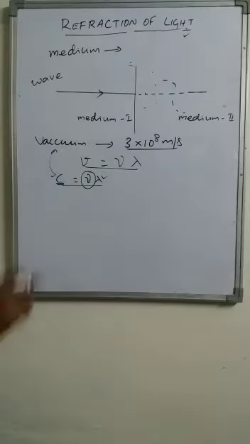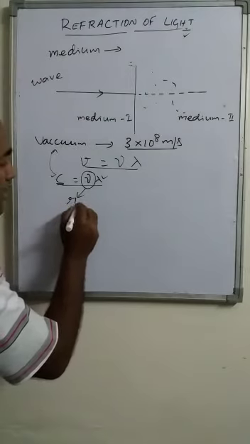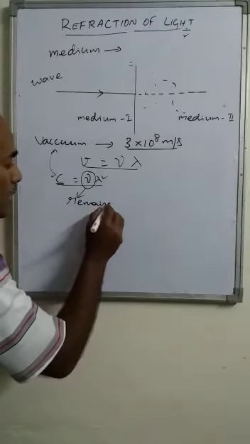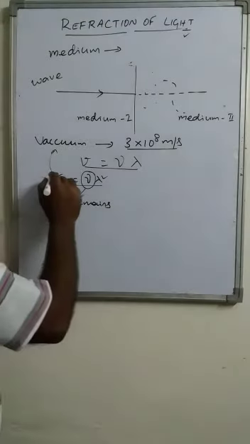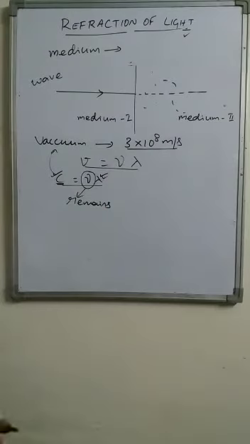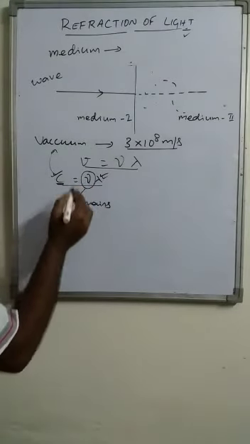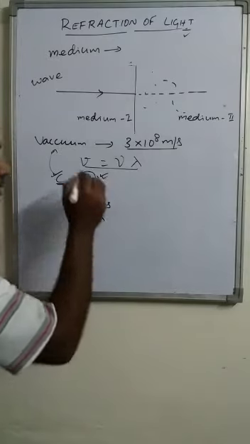So, on changing the medium, the frequency remains constant. But the velocity and wavelength both are changing. So if frequency is constant, then velocity is directly proportional to wavelength.